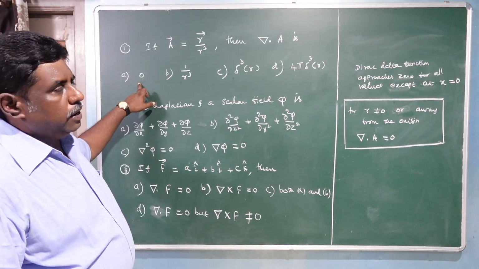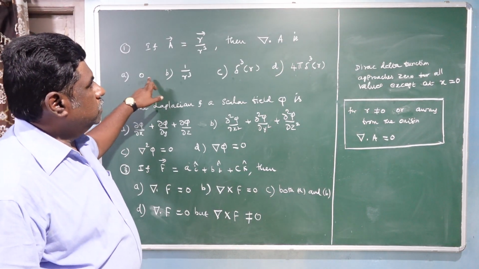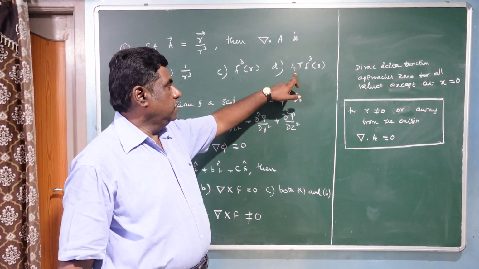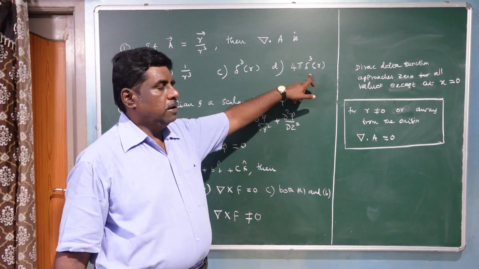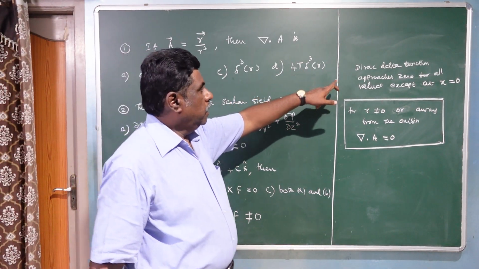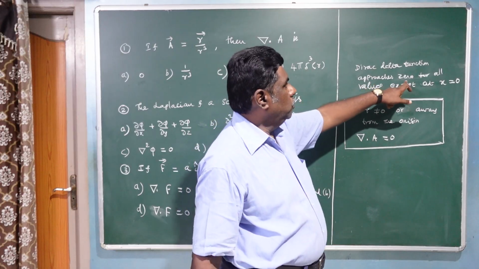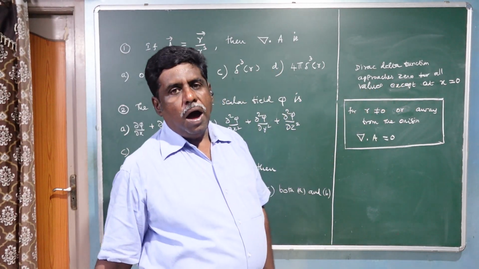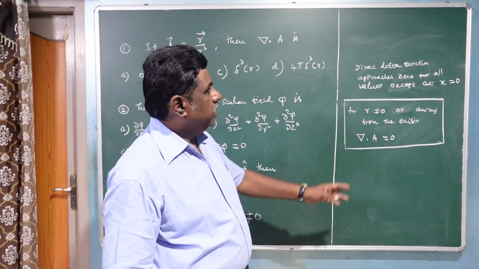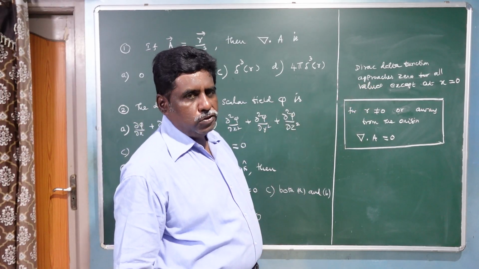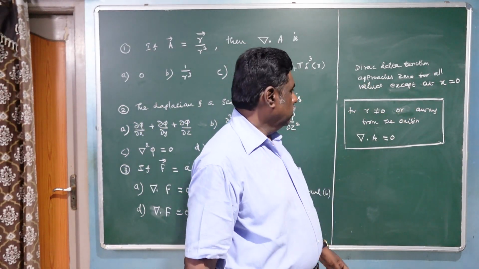But that is not correct here, because they have given the answer in terms of Dirac delta function. Dirac delta function approaches 0 for all values except at R equal to 0, that means x equal to 0.